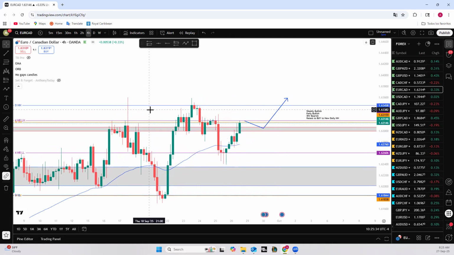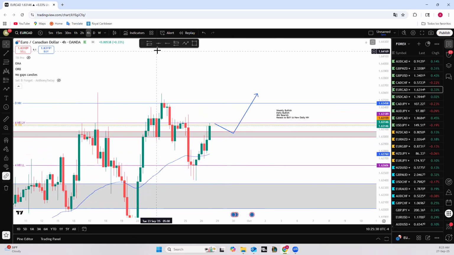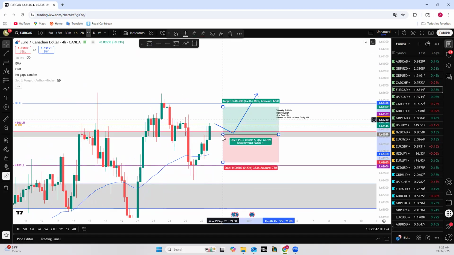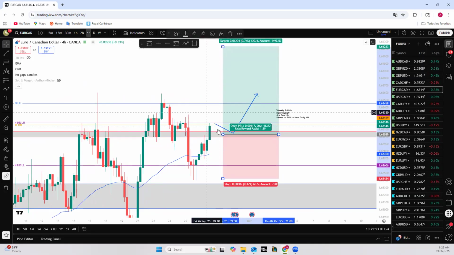Well, the thing is, if I were to enter here, there is no point where to stop this. So let's see if we do something like this. At least you would go to the previous daily structure point.